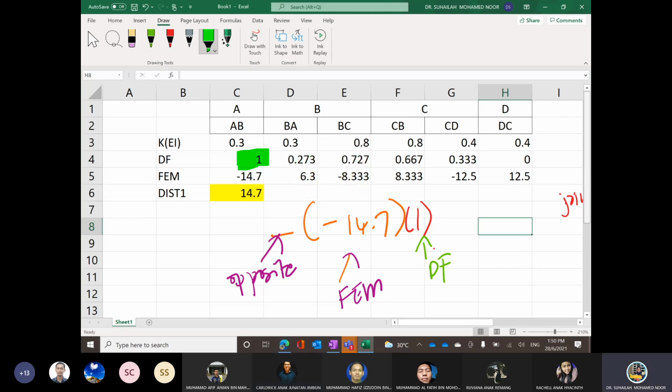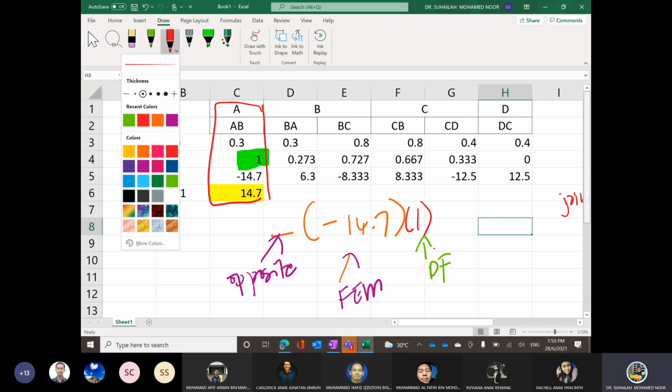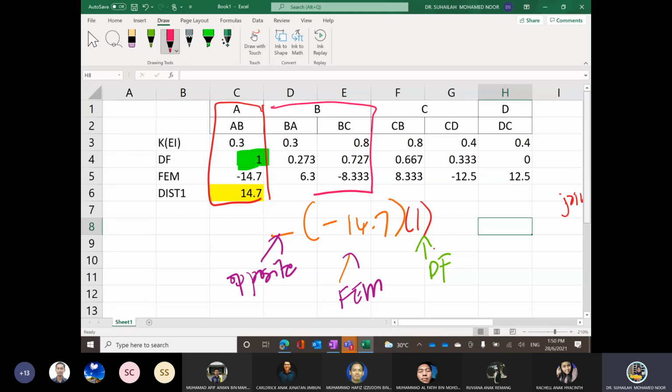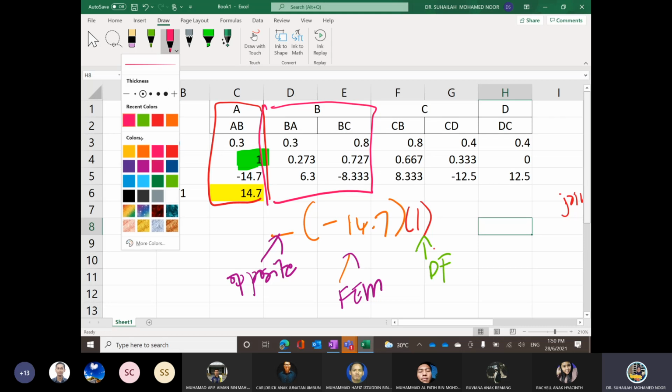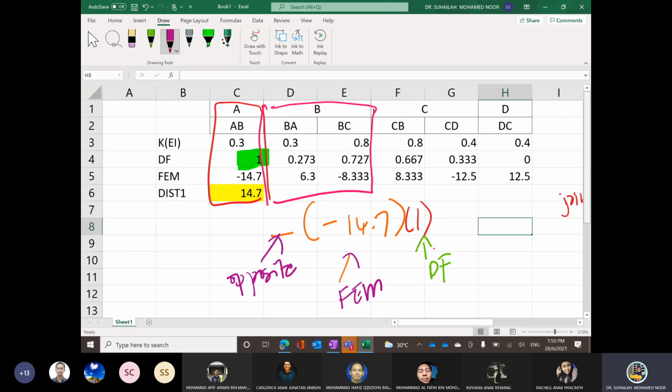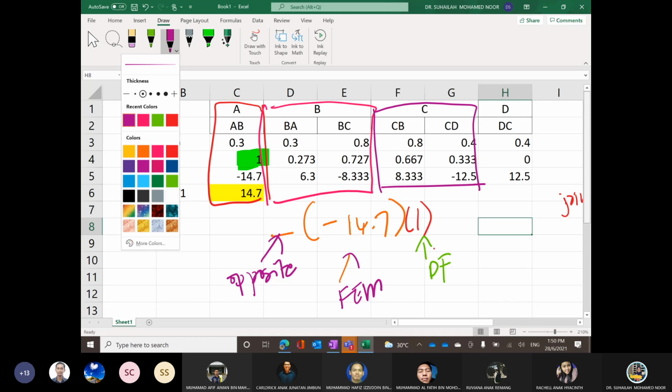Okay, we will calculate, we consider joint by joint. Now we are looking at A first. This is A, right? Okay. Now we will move to B. So this is B. And then we move to C. This is C. And then we move to D. We do it one by one.